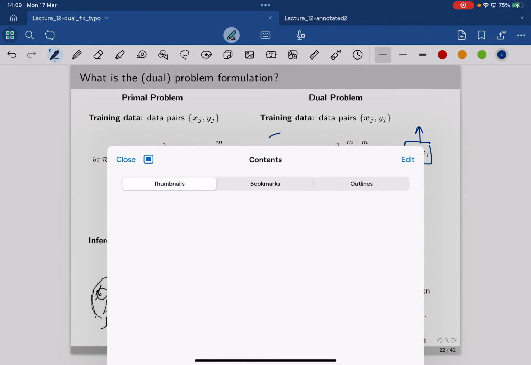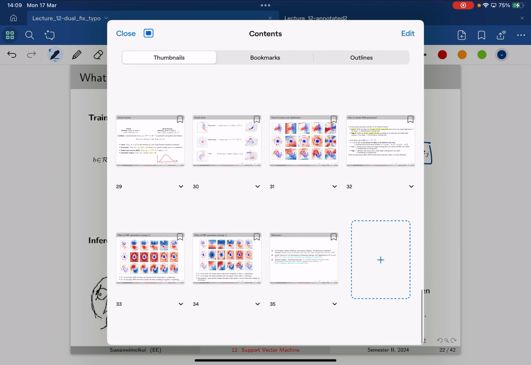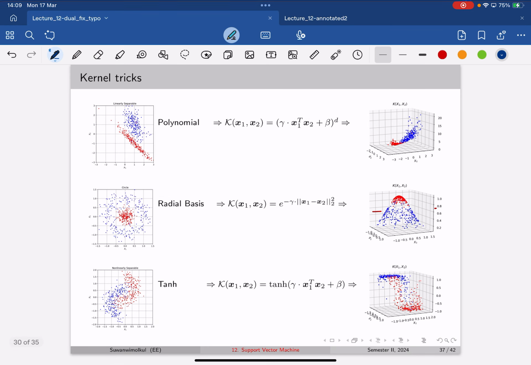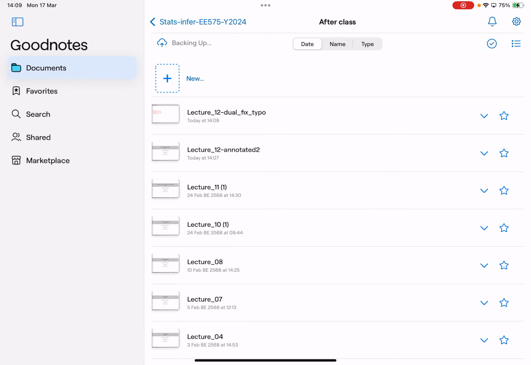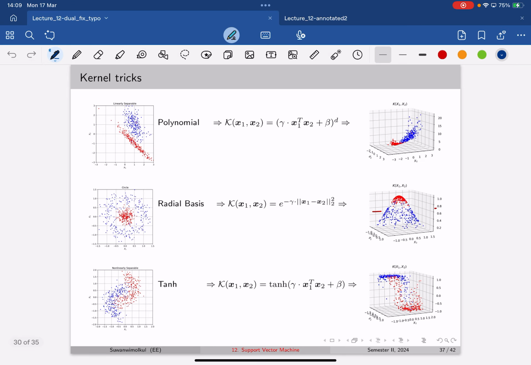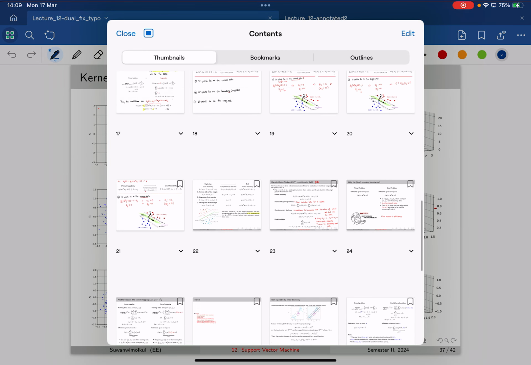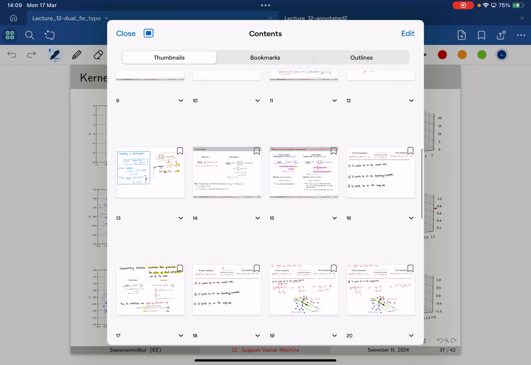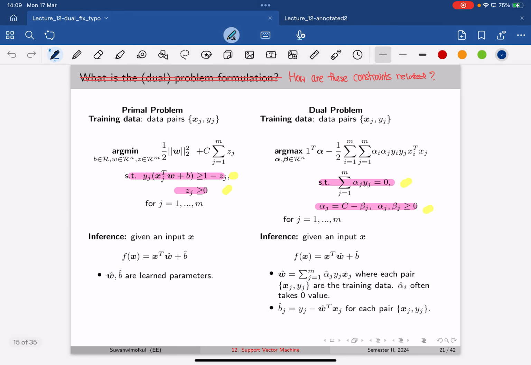For example, as I showed before, if you just consider a normal linear mapping, it will just be the original problem of SVM, which is just this simple mapping.